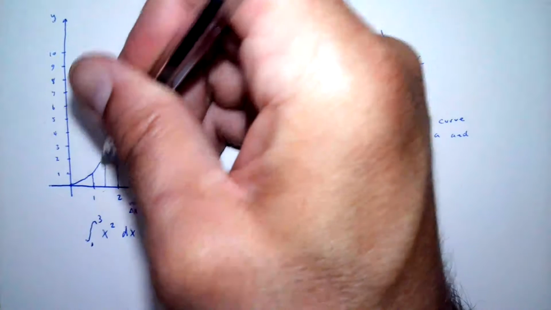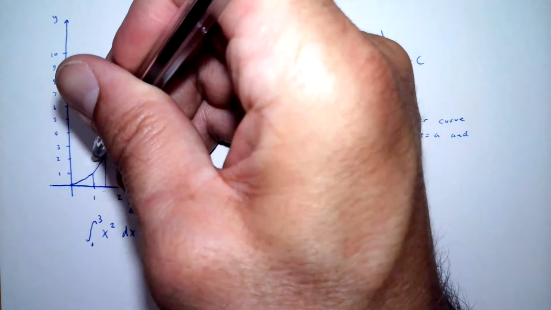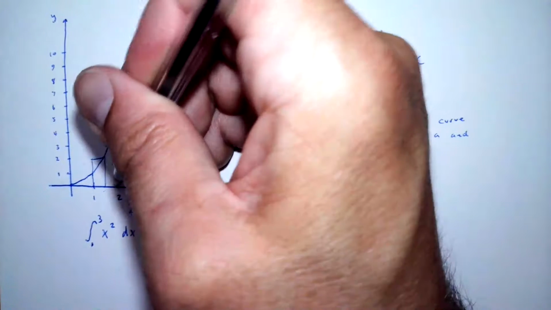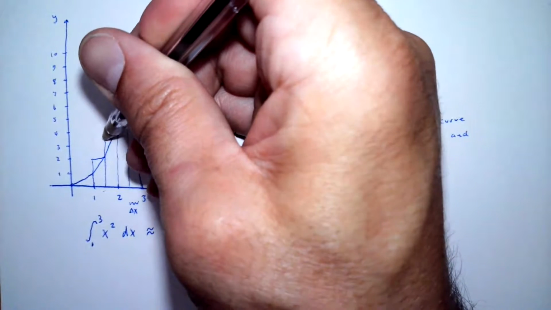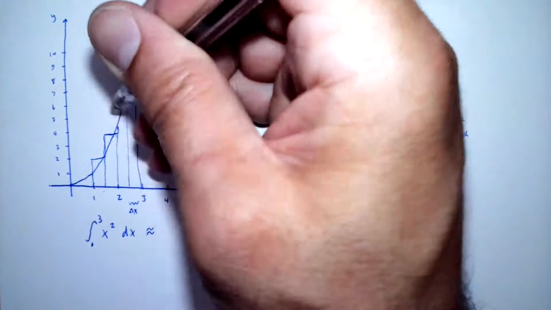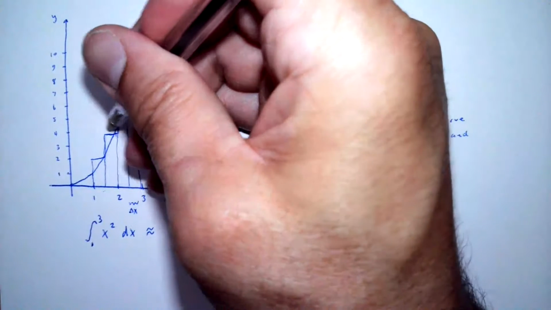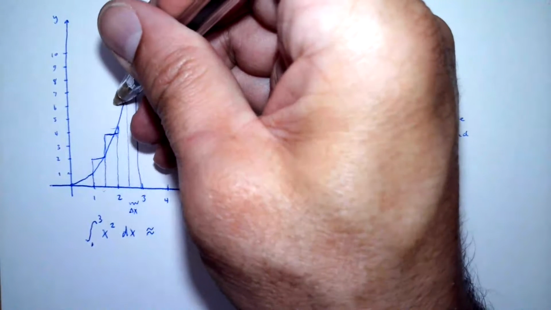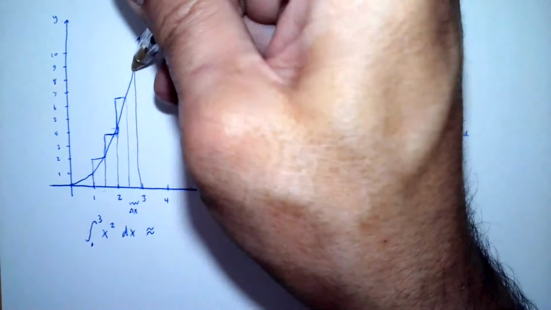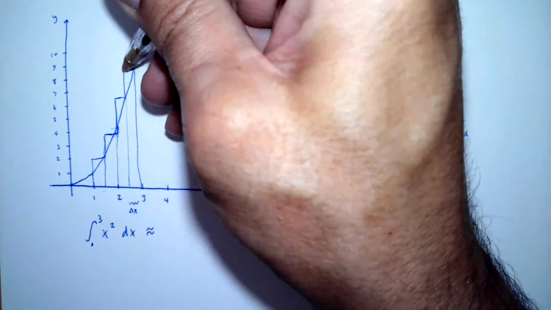So for each one of these, we're going to use the right-hand side, and my graph's not exact. I eyeballed it. So it should be up here, but I'm trying to keep it where it should be. That one's going to be about there, and this one's going to be about there.